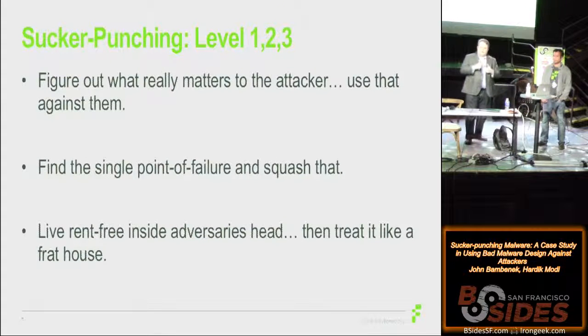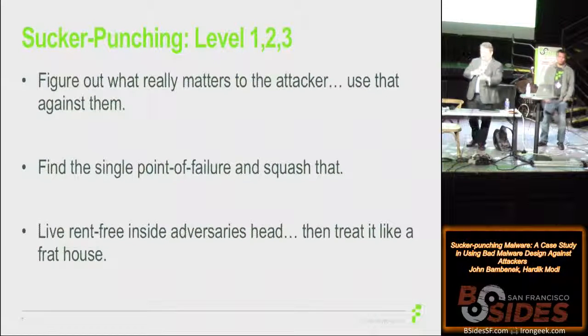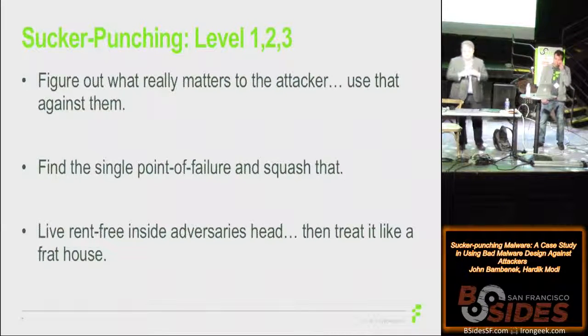When we talk about sucker punching, and this has been collapsed from a longer talk because we only got 30 minutes, you could block IP addresses or take domain names. Simple stuff, level 1. Level 2, peer-to-peer networks for command and control, which attackers like because it gives them resiliency, but they lose authentication.